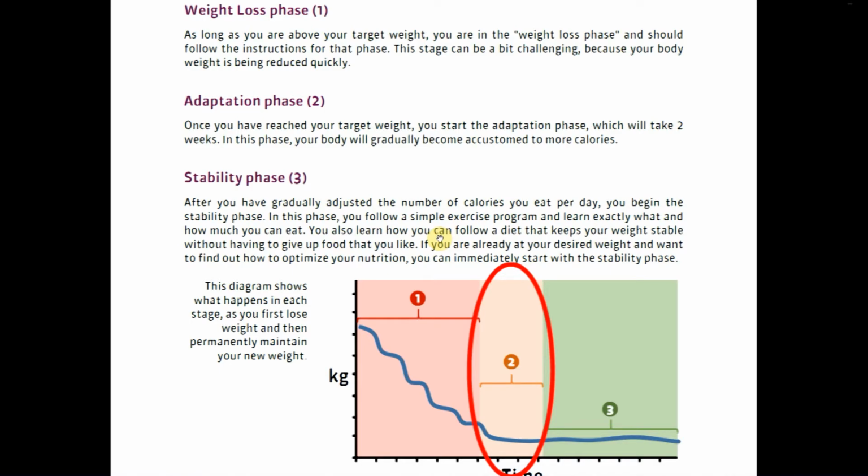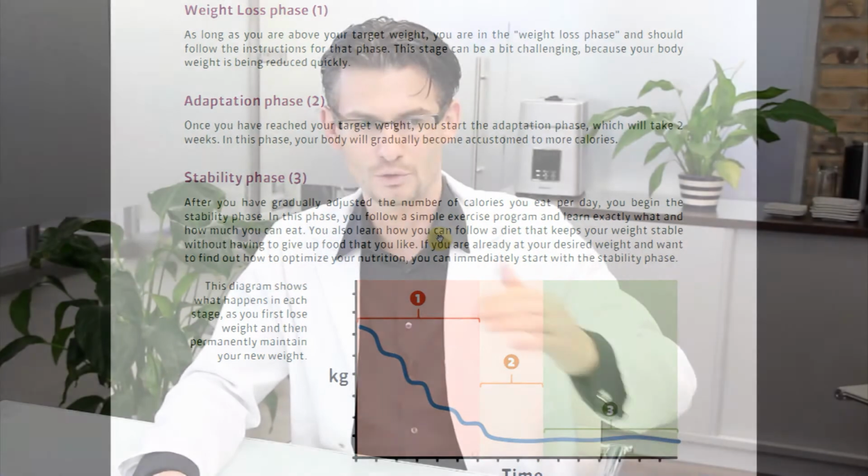Now, I spoke about the rebound effect. This is something that can happen if you go back to too many calories too quickly. So the body says, oof, I've been starving for these last months or weeks, and finally there are calories, let's save them in case food shortages are going to come again. So what we're doing is we take it slow.